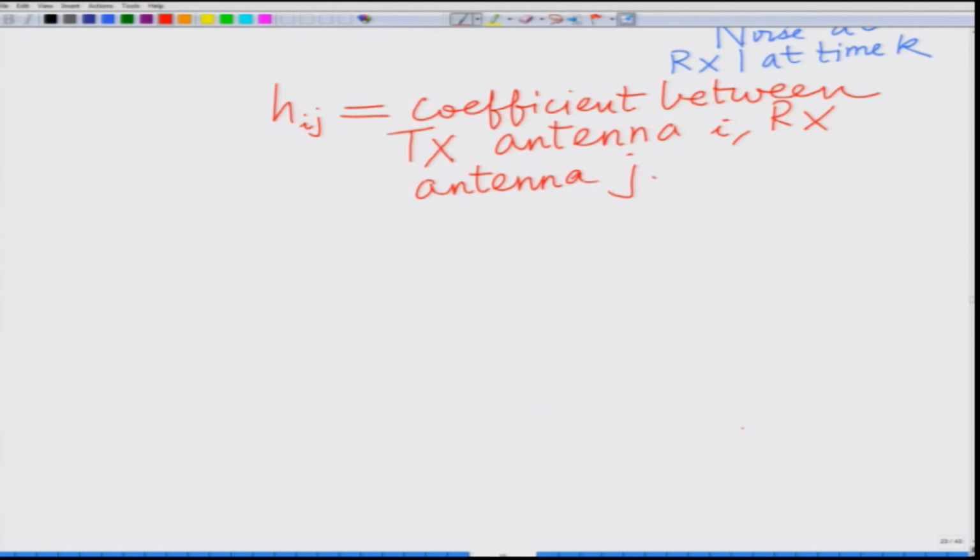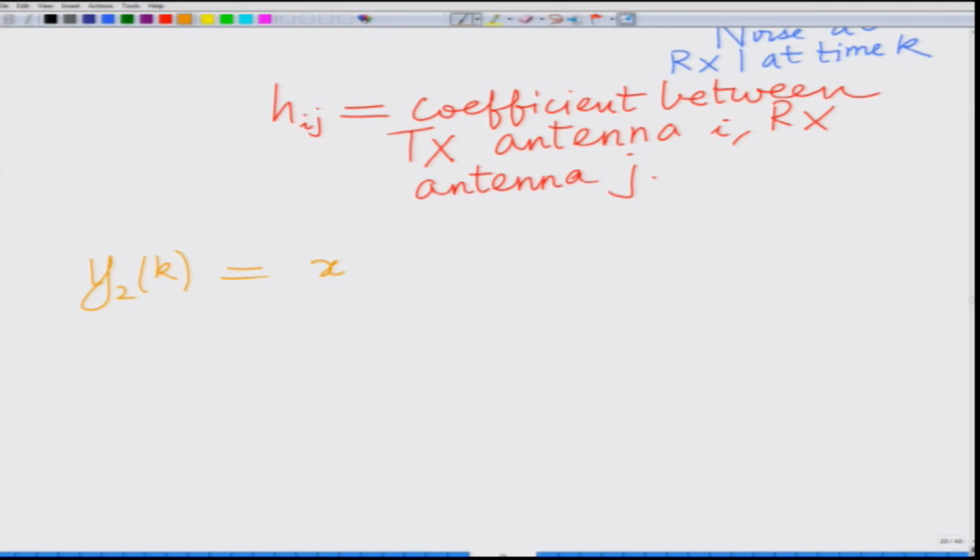Similarly, I can write Y2k, the symbol received on receive antenna 2, alright. Y2k is the symbol received on receive antenna 2 at time instant k. Remember, we have R receive antennas, so at any point of time k we have R received symbols Y1k, Y2k up to YRk.